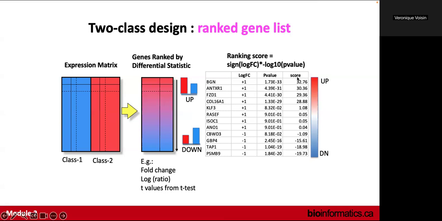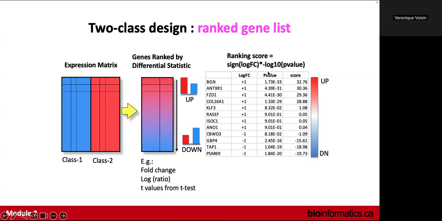So the formula to create the score is indicated above the table. This is the sign of the log fold change multiplied by minus log10 of the p-value. We only take the sign of the log fold change, plus or minus, because it indicates to us if the gene is upregulated or downregulated. And we also calculate a score using the value of the p-value.